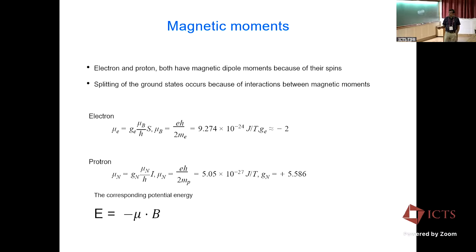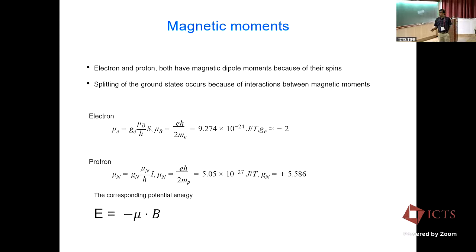If we calculate the magnetic moment for the proton, you can write it as this, and since the proton is much heavier than the electron, the proton magnetic moment is much smaller because the mass comes up in the denominator.